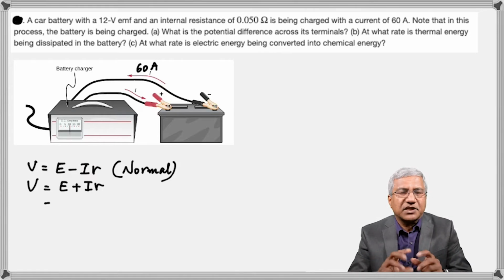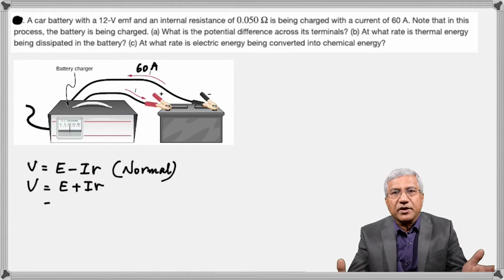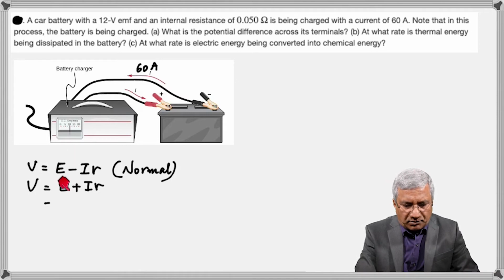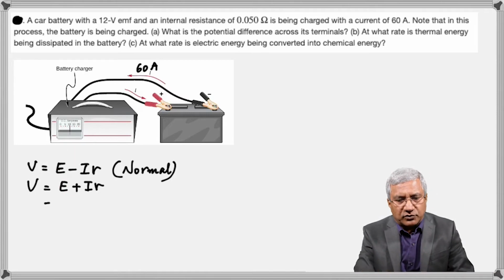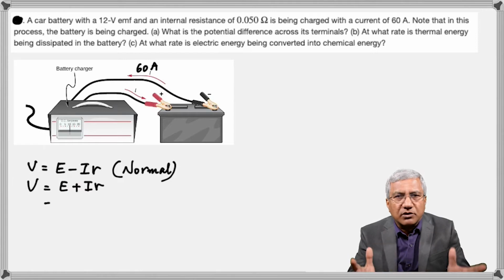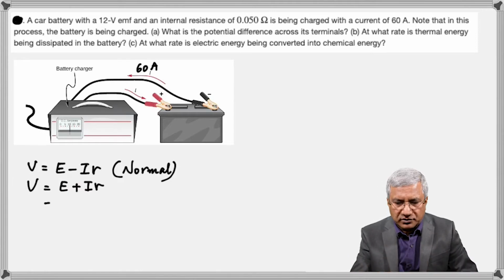But in this case, because the battery is being charged, we got to change the negative into a positive. Because on top of the electromotive force E, we are also producing this potential difference. So to get the total voltage, you got to add them both.